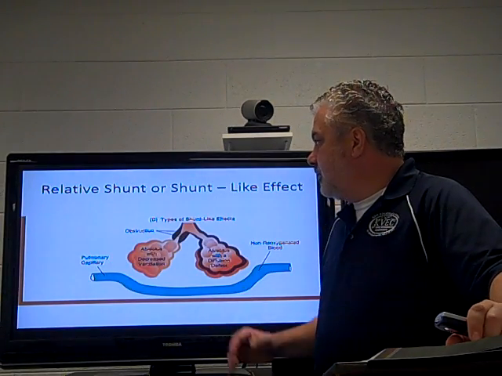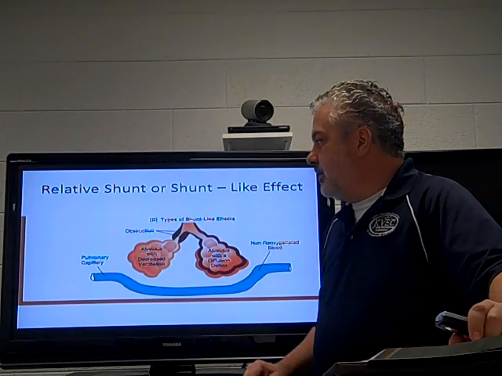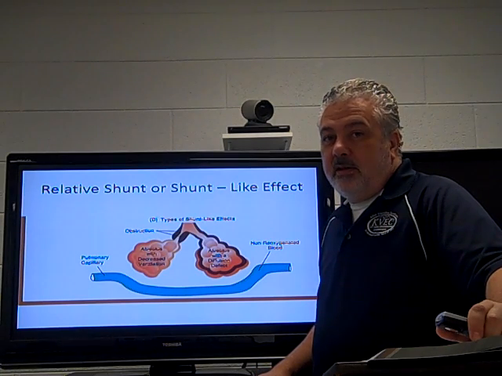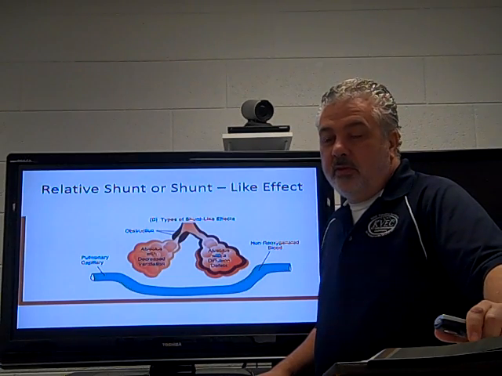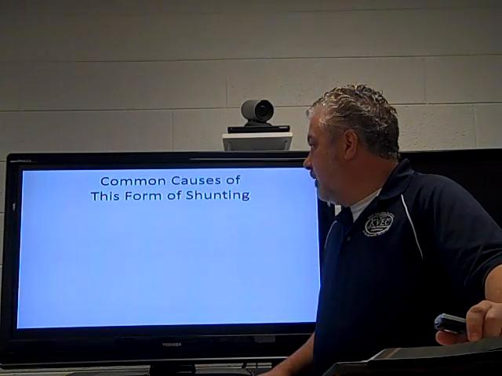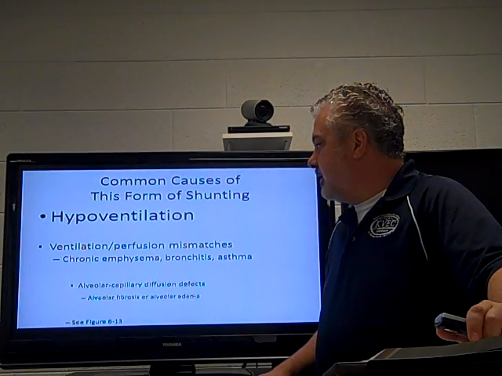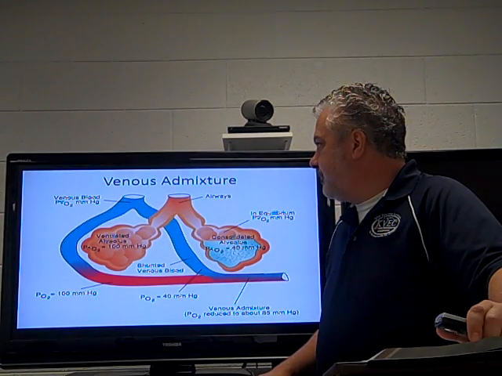Okay, picture of relative shunt or shunt-like effect: decreased ventilation, high CO2 and low PO2. Those things oftentimes go together, and so anytime the patient's not ventilating, they're also not going to be oxygenating. Okay, common causes of this form of shunt: hypoventilation. I said that, so you should think in these terms.